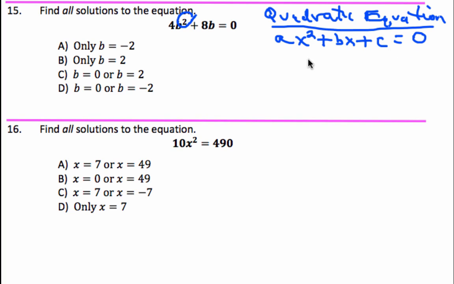Now when you have an x squared term and an x term, or in our case a b squared term and a b term, there are different ways to solve the equation. We're going to use the method called factoring.